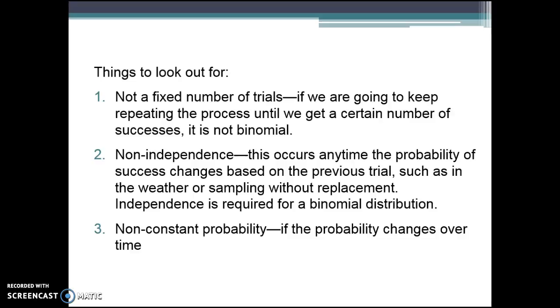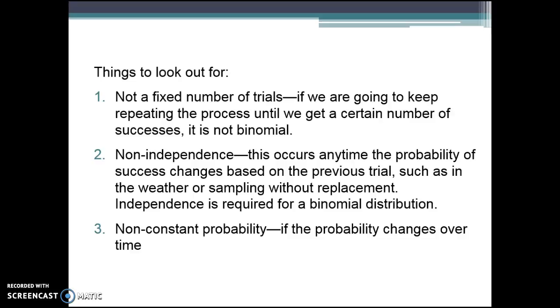Or if you're sampling without replacement, meaning you're sampling something and then not putting it back, like from a deck of cards. If we sample a card and then don't put it back in the deck and shuffle, that's sampling without replacement. That's not going to be binomial. The third is non-constant probability.